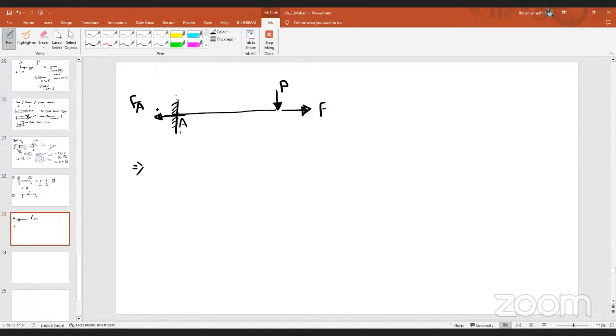As we all know, as it is a 2D case, 3 reactions will develop. So let us see how to find these 3 reactions. First thing you have to remember is that because of the axial forces, rotations will not generate or movements will not develop. This is the first point that we should understand.